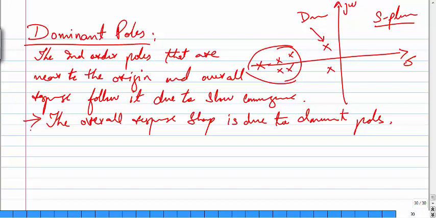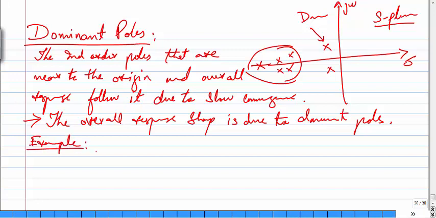So from here we can discuss that if we add some pole, the overall response is the same, and it will only be affected as your pole is nearer to the dominant pole. When it is near to the dominant pole, your response will vary. To understand this concept, let me consider an example here.